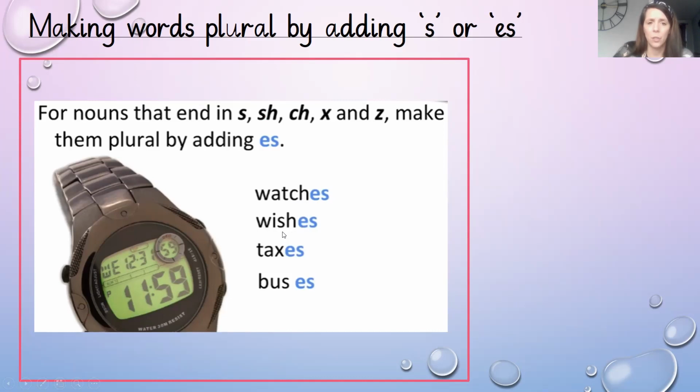Wish ends in sh, so we add ES. Tax ends in x, so we add ES. And bus ends in s, so we add ES. Okay, so the words ending in s, ch, sh, x, and z, we add ES to make them plural.